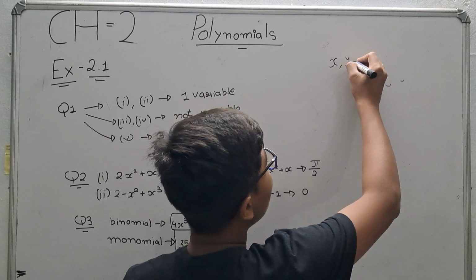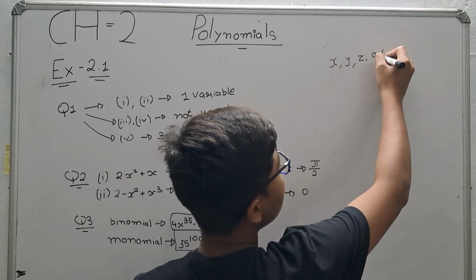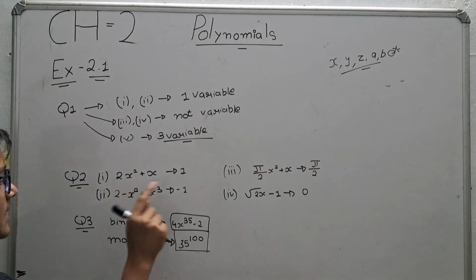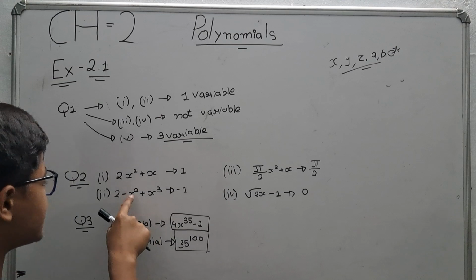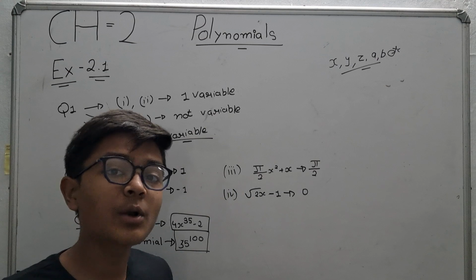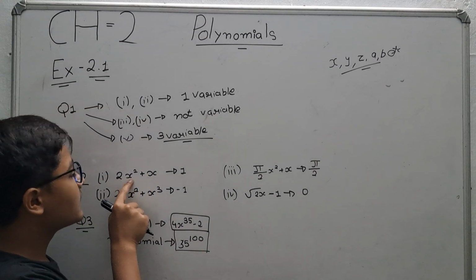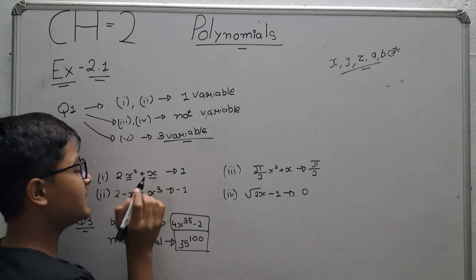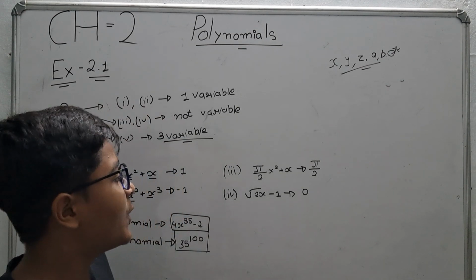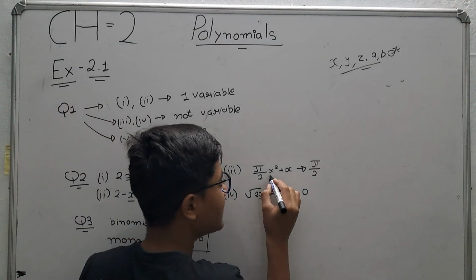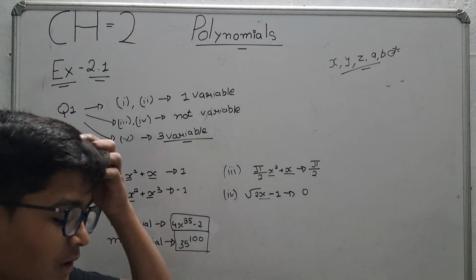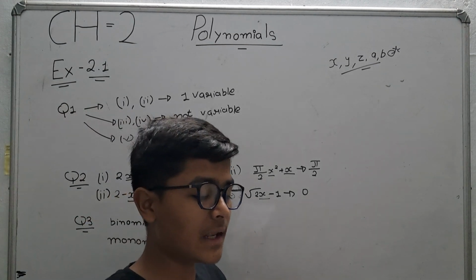X, Y, Z, A, B, etc. Variable is where you can find an alphabet or any letter. That is known as a variable. So they have asked you to identify whether there is a variable or not.